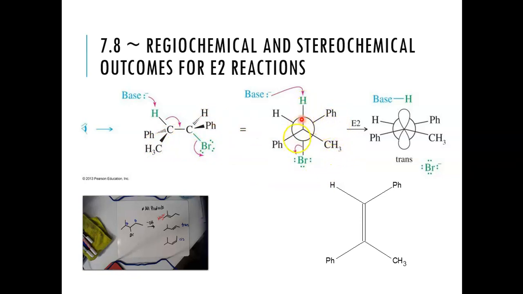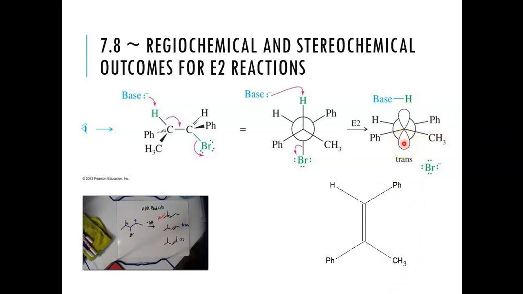So as we remove those two groups, we're almost just flattening this down. I picture taking my hand on the top and hand on the bottom and squishing it flat, and these two substituents will be on the same side of that double bond, and these two substituents will be on the same side of that double bond.